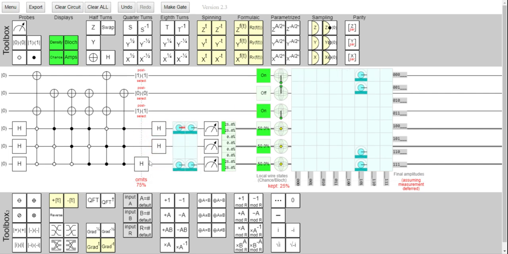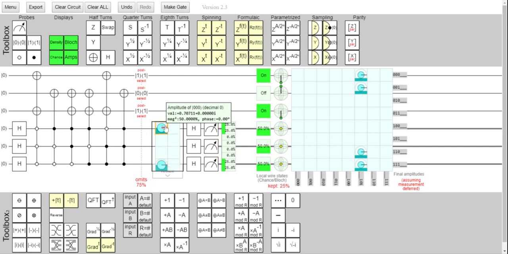And then, yeah, but it's still after that Hadamard. I must have done something wrong. Because here it says 000. That's correct.